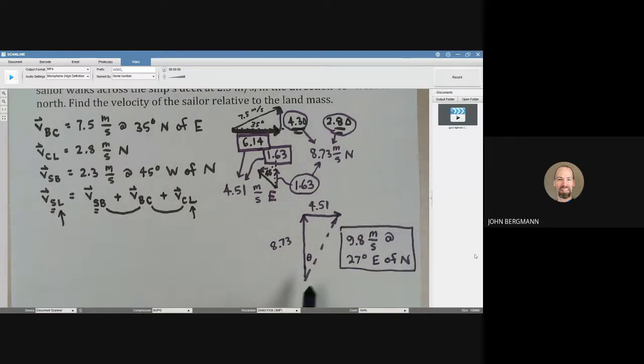If you had drawn the 4.51 vector first, and then the 8.73, then you would have gotten this angle that I'm pointing to with my pen right now. We won't do all that work, but I'll just point to the angle. And then you wouldn't have reported it as 27 degrees east of north. You would have reported it as 63 degrees north of east. But that's the exact same direction.